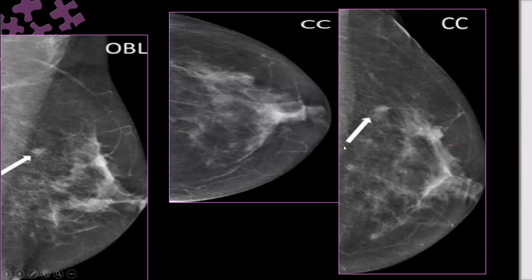If it is just a CC, you will see the pectoralis central. But now you can see the pectoralis more lateral, as if you are doing an MLO. It looks like that.